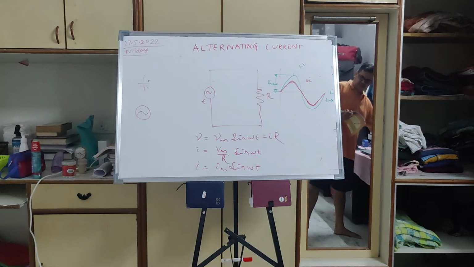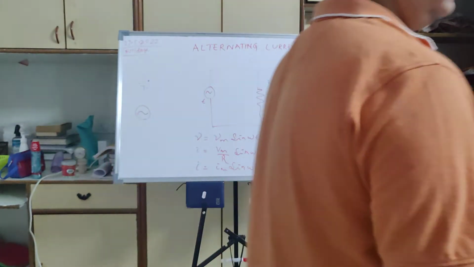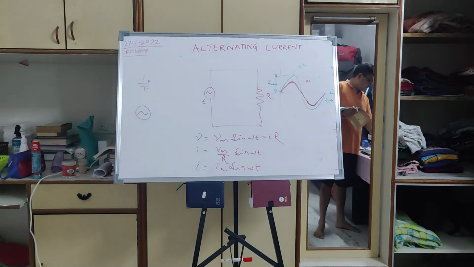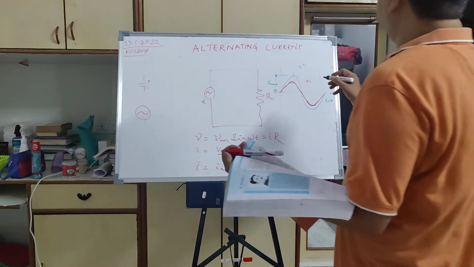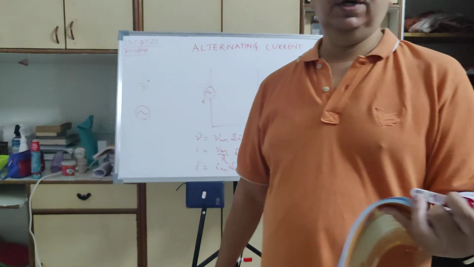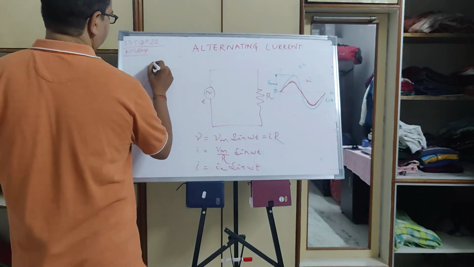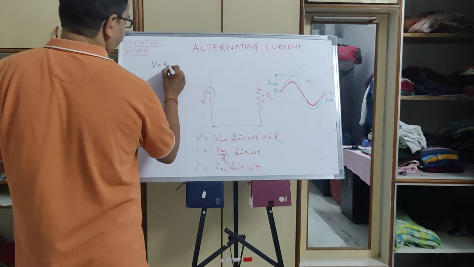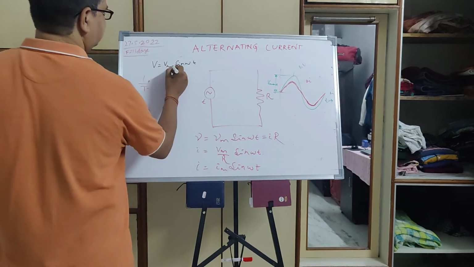So here you can see, let us talk with the help of numbers. Let us say my household voltage, how much is my household voltage actually? V is equal to Vm sin omega t, where Vm is V max.